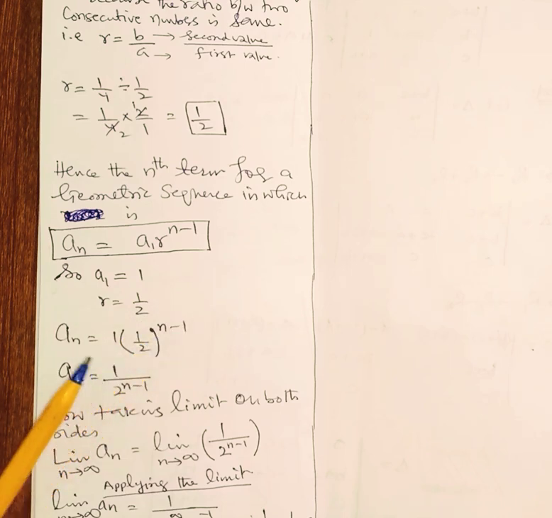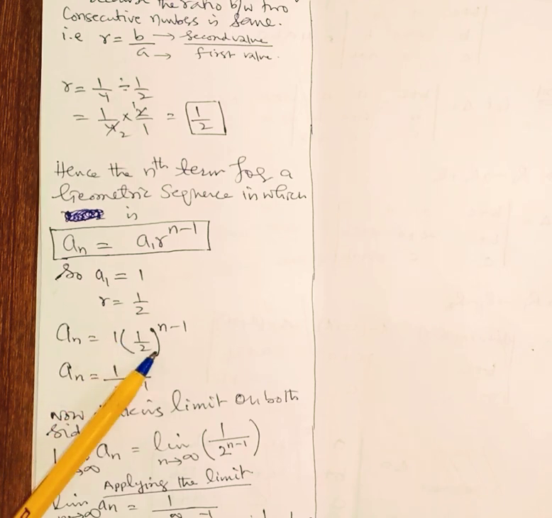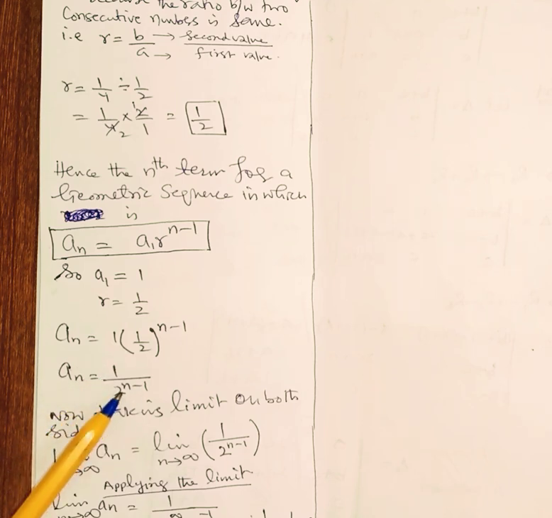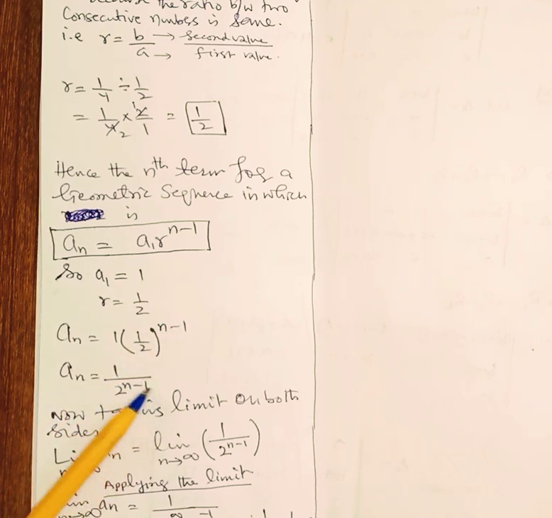Multiplying by 1 gives the same answer, since any power of 1 is still 1, and the power n minus 1 stays as it is.